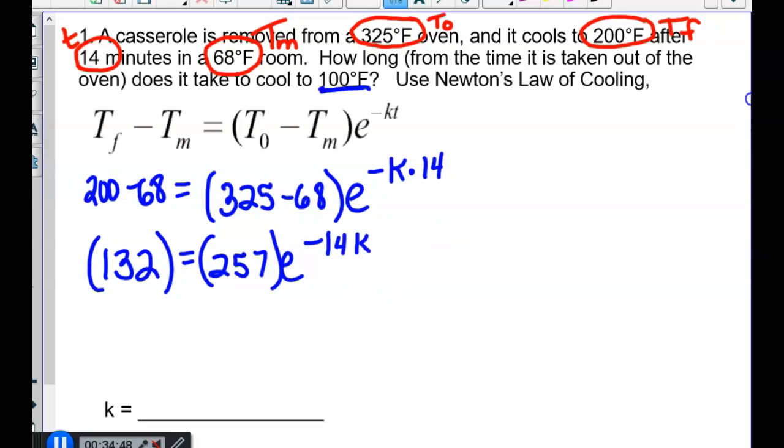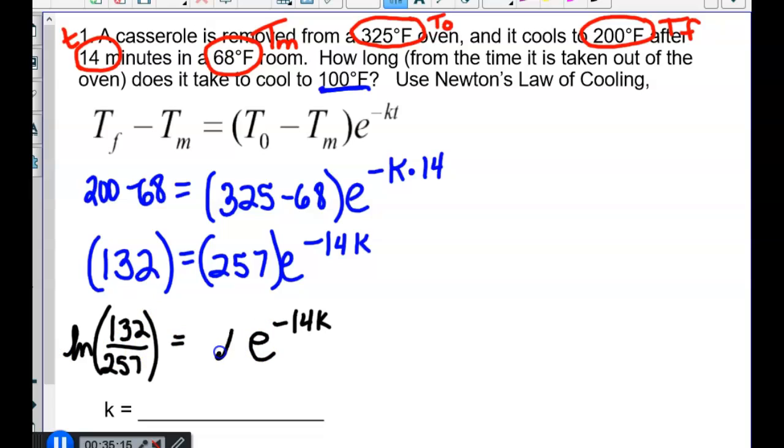All right, so some people weren't here yesterday. What's the next step? Yes, so we're going to have 132 over 257 equals e to the negative 14k. We're isolating the expression that has the variable k. Then what do we do when we have an e? Natural log of both sides.